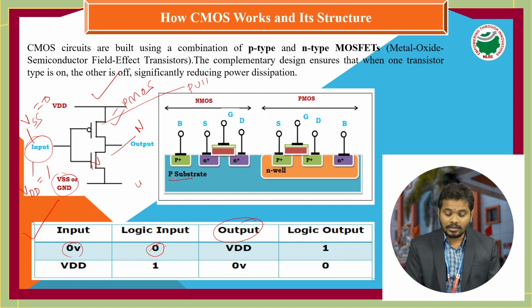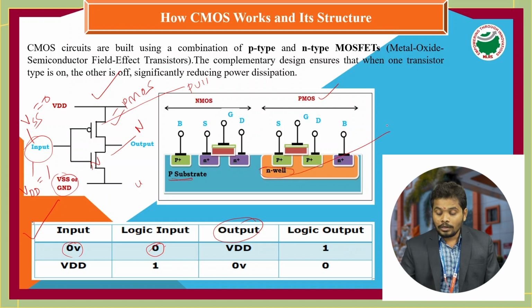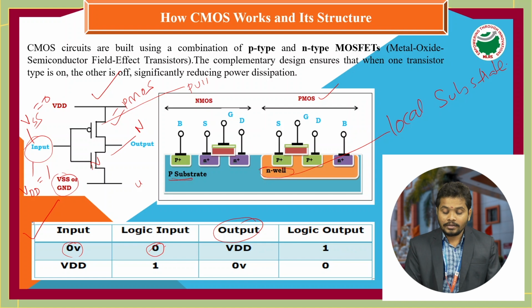If you take the P substrate, then for fabricating the PMOS we take an N substrate inside it, which is technically known as the well. This is the local substrate, and this is the fabrication of CMOS, the combination of both NMOS and PMOS.